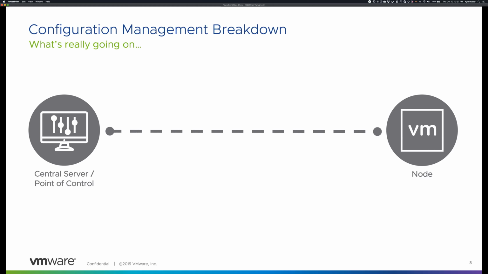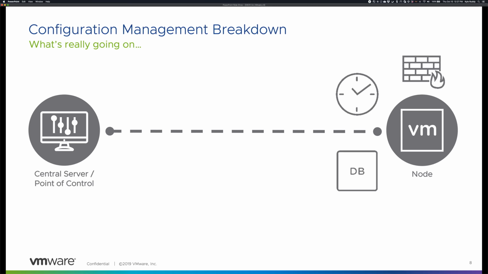But the point here is that the central server creates a connection to our node, tosses our configuration file over to it, and then starts configuring that node. So we can do things such as firewall rules and NTP. We can also do some pretty crazy stuff like setting up a database or a multi-tiered application. We can do all kinds of crazy stuff, especially in the world of PowerShell.